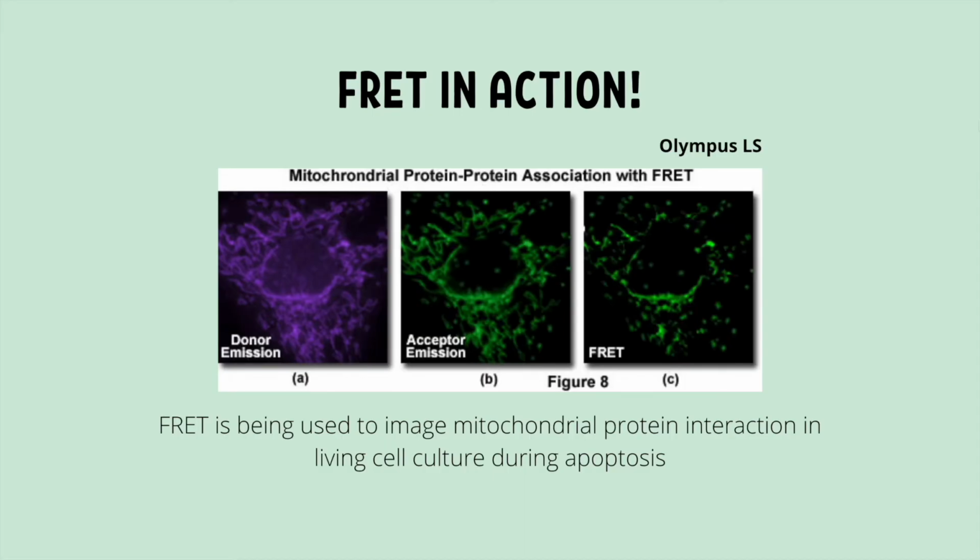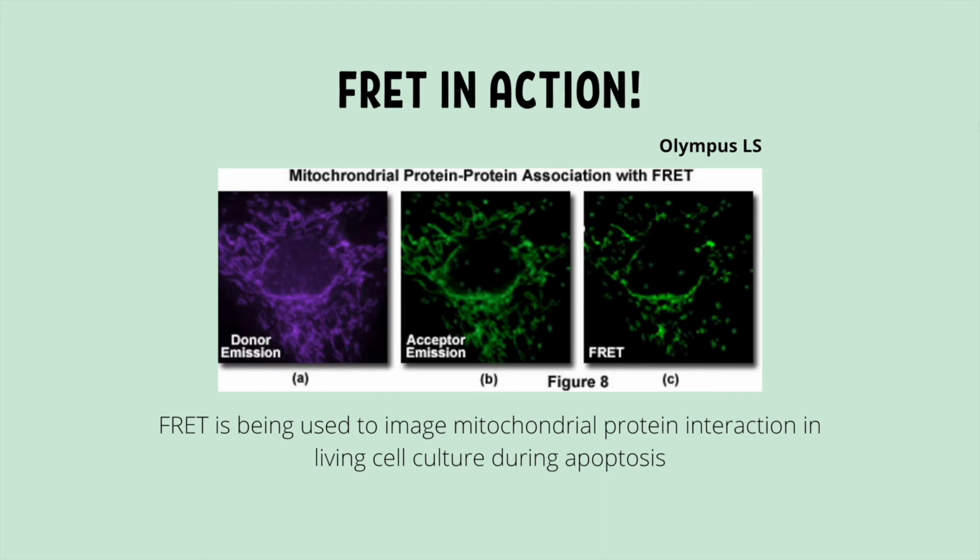Here's another example of a living cell culture that is looking at proteins involved with apoptosis. In this case, the donor protein is labeled with blue fluorescent protein, and the acceptor protein is labeled with green fluorescent protein. These proteins were imaged in living cell culture, and they are located in the mitochondria.